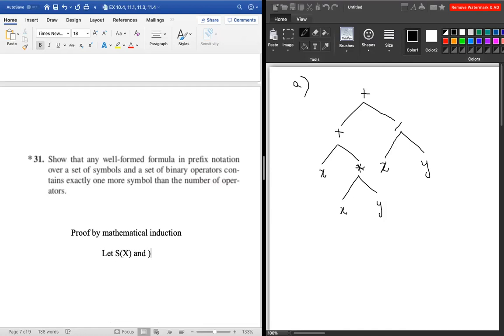Let S of X represent the number of symbols and O of X the number of operators in the well-formed formula X, respectively.